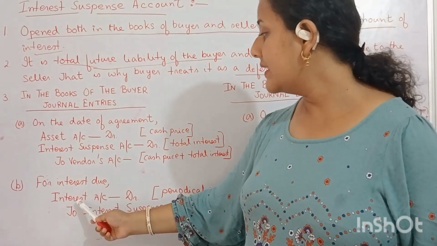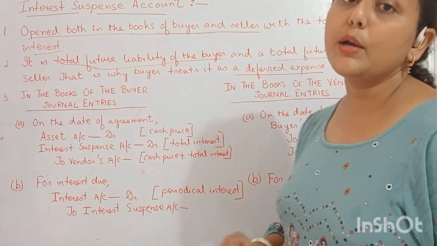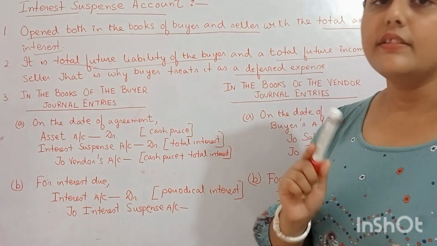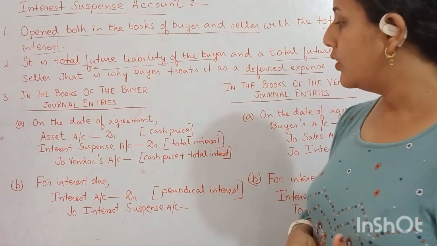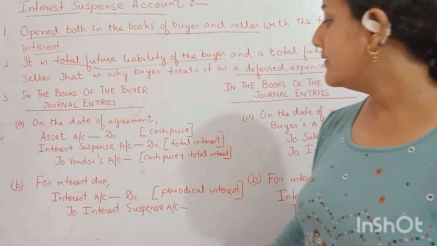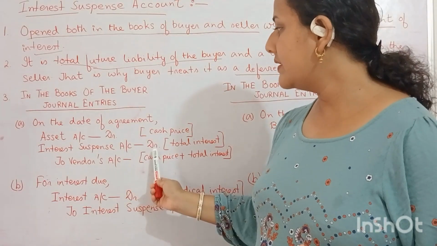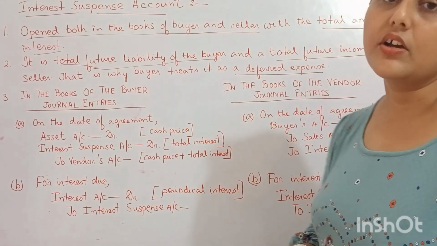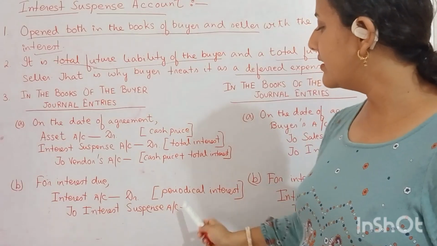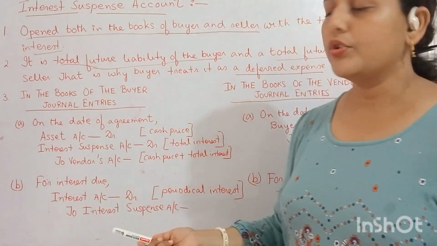Interest account is debited to interest suspense account with the periodical amount of interest, that is, the interest included in the first year's installment. With that amount, interest account will be debited and interest suspense account credited. The debit and credit of interest suspense account cancel out. Only interest account will remain, which is an expense for the buyer.